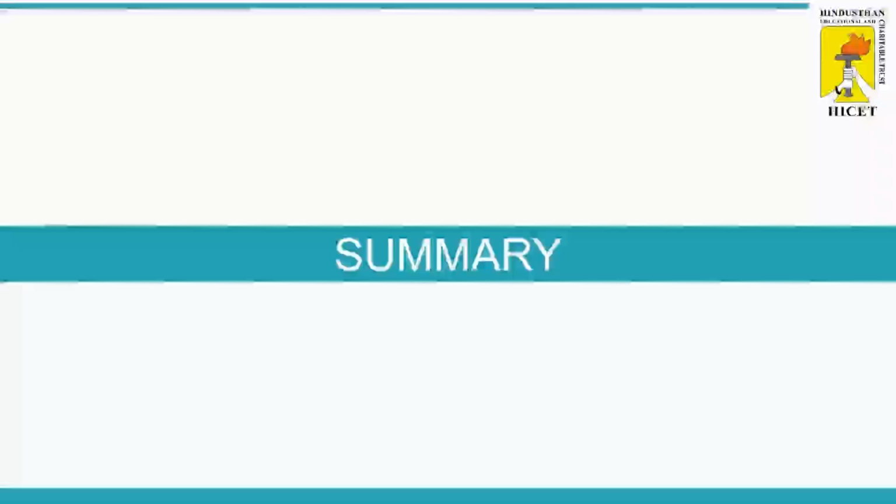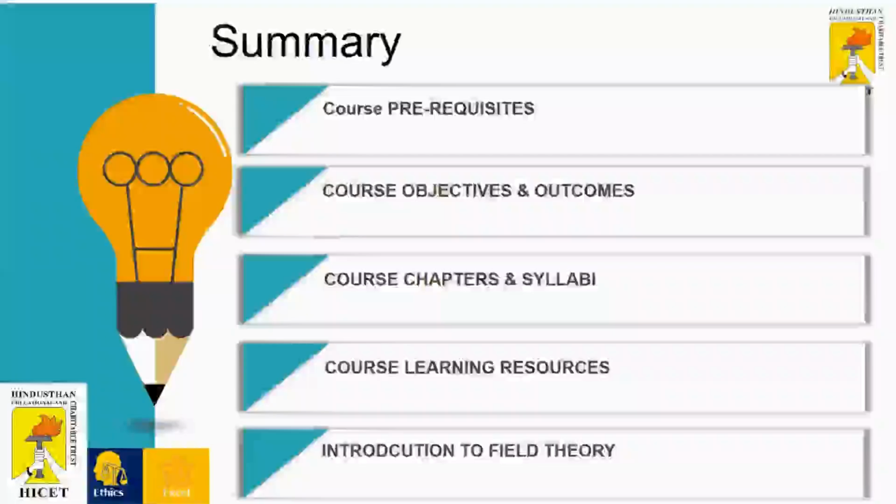To summarize the introduction part of field theory, we covered the outline, that is the course prerequisite, the course objective, the learning outcome, the course chapters and course syllabus, and the learning resources we have, textbook and online tools, and of course some basic introduction of field theory. So as of now, we are in the introduction part of field theory. We are ready to begin a deep dive into electrostatics in the next session.